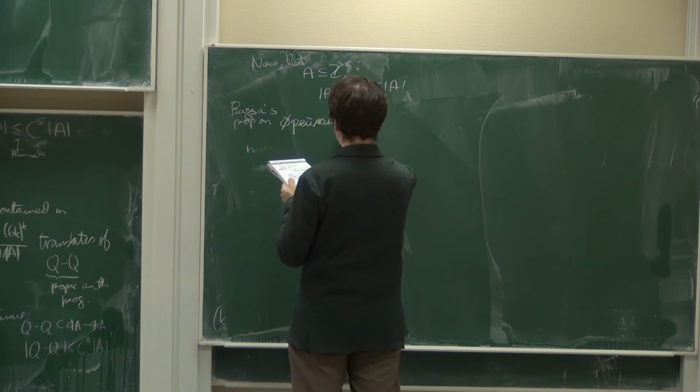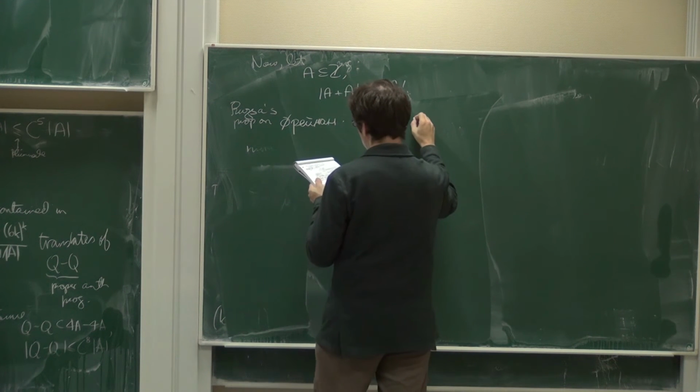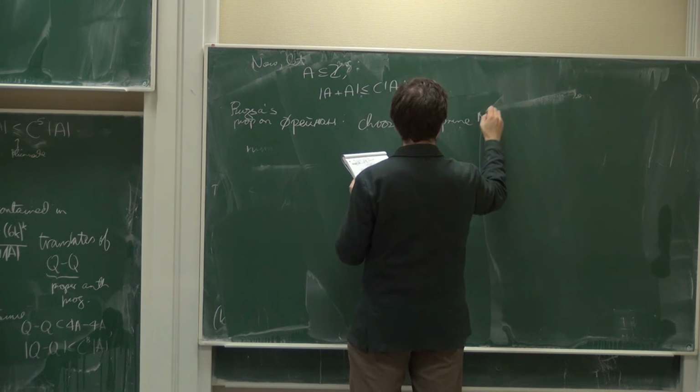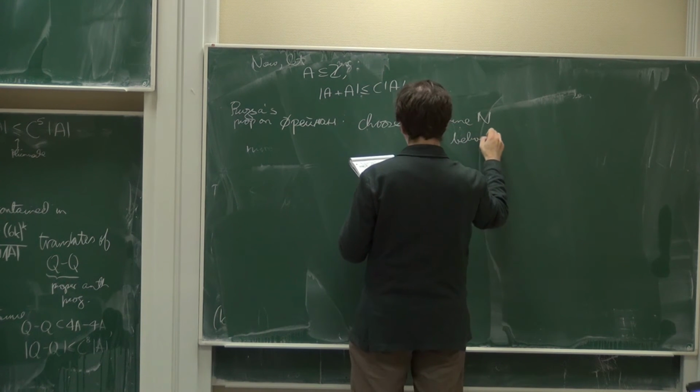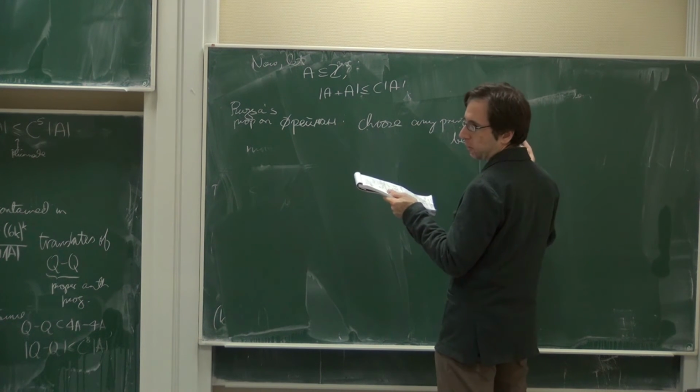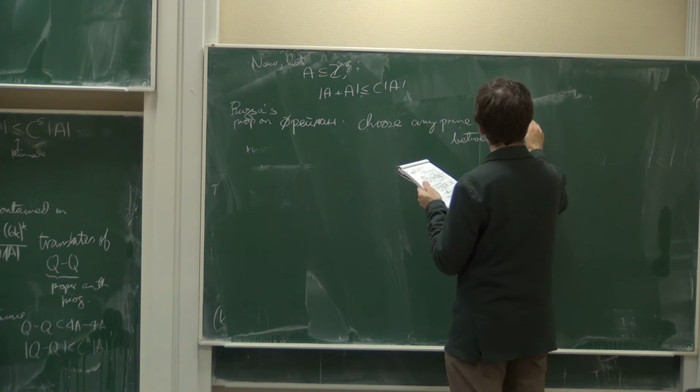So let me see. Well, we choose any prime n, by Bertrand's postulate, between m and 2m there's always a prime. So we choose any prime.